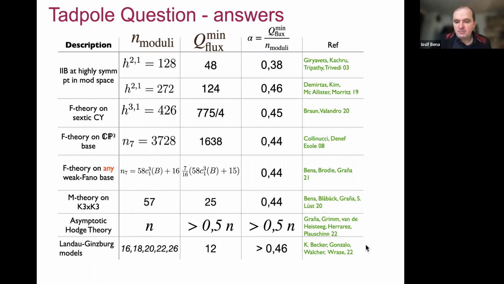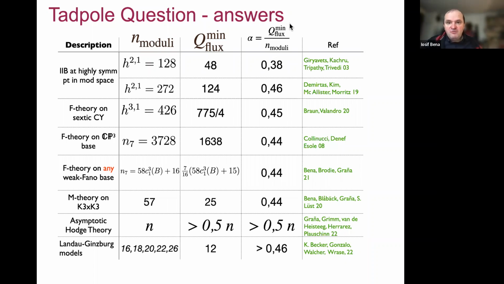And recently there was a paper by Katrin Becker and collaborators, which is doing some Landau-Ginzburg model, the worst place where you expect the tadpole conjecture to be correct. And there, they also found that there's some moduli and some flux, and this number came again to be bigger than 0.46. We were quite shocked by this result. But you can see there's some universality here.